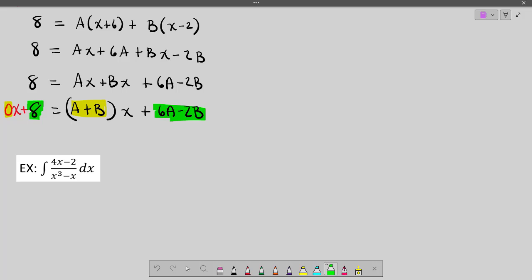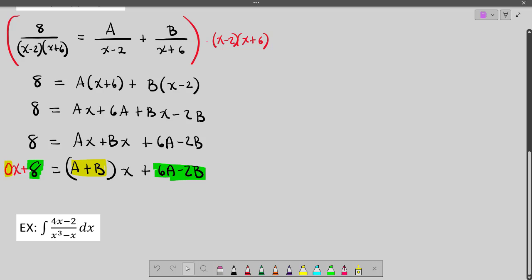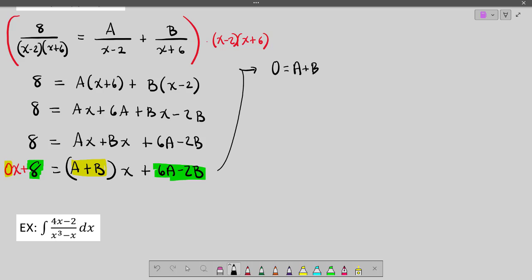The only way two polynomials are equal is if corresponding coefficients match. So this builds a system for us. This tells us that 0 equals A plus B, and 8 equals 6A minus 2B. So it builds this system of equations.